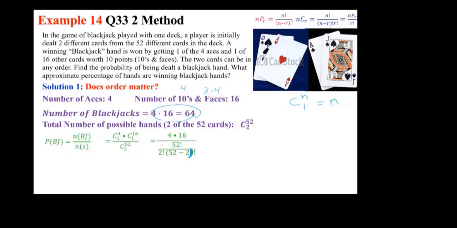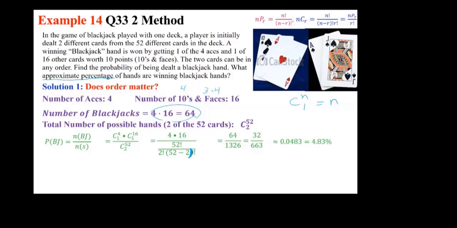Simplification and putting it into a calculator gives us 64 over 1326 or 32 over 663. If you want to put that as an approximate percentage, it is about 4.83%.